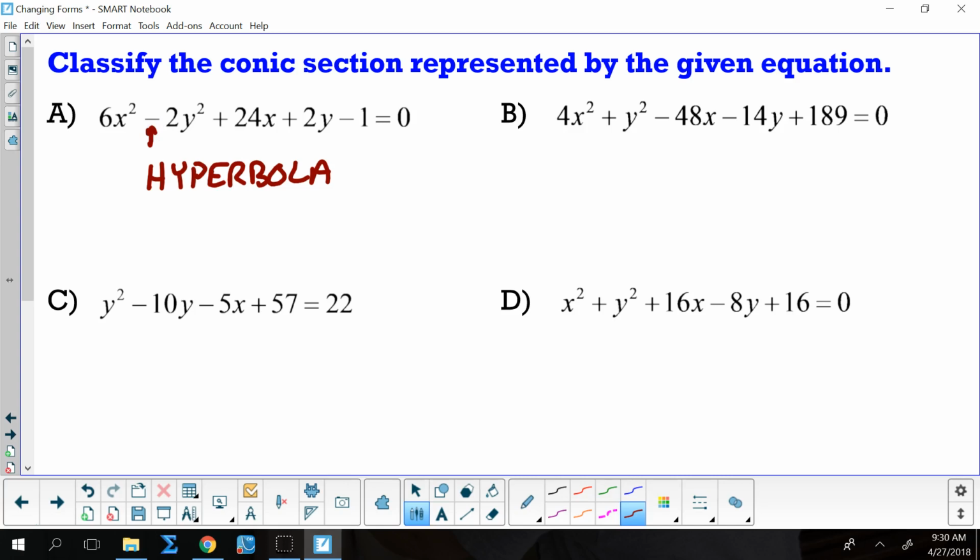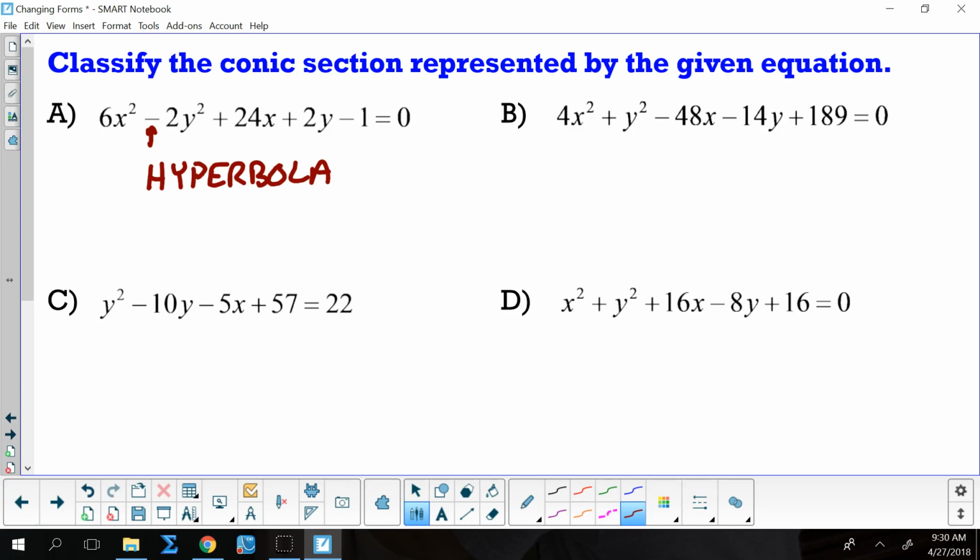Okay? B. What do you think B is? How many squared terms? 2, so that means it's not a parabola. Are we subtracting the squared terms? No, that means it's not a hyperbola. So now I got it narrowed down to circle and ellipse.